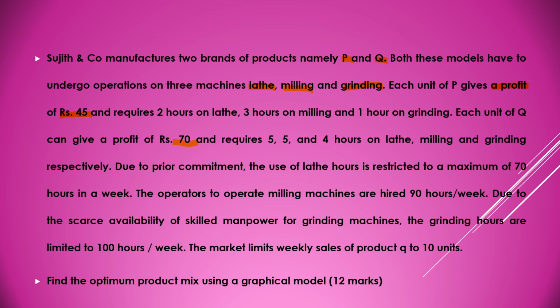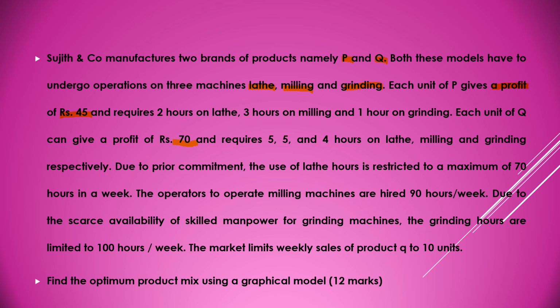Here it says, due to prior commitment, the use of lathe hours is restricted to a maximum of 70 hours in a week. The operators to operate milling machines are hired for 90 hours per week.